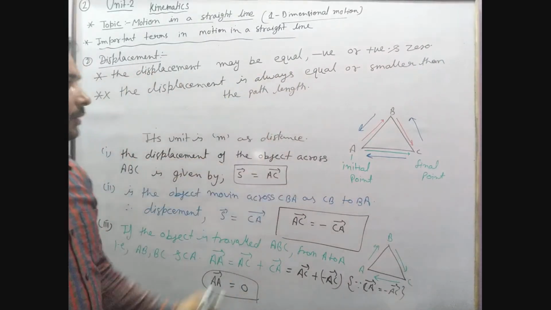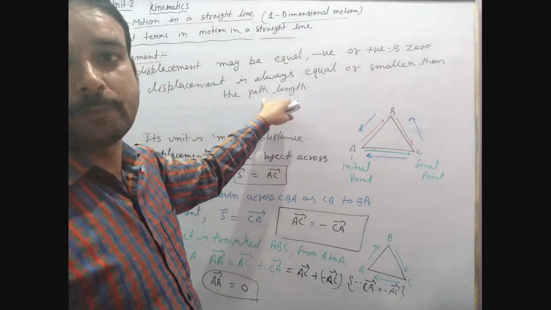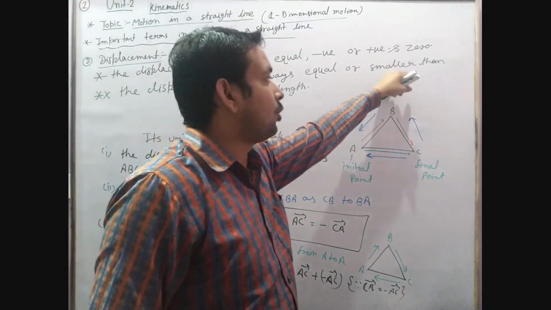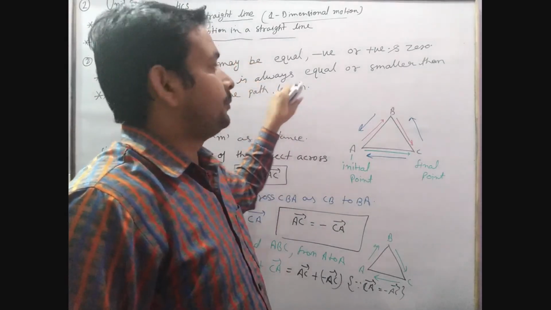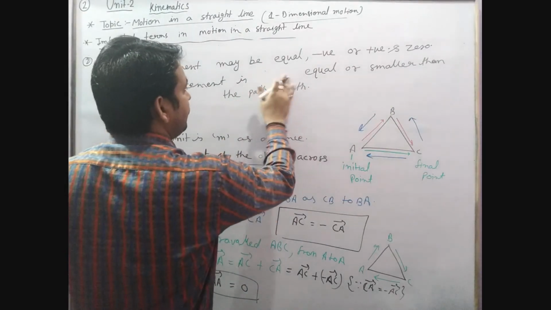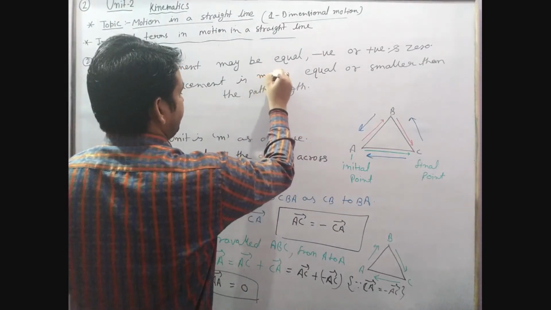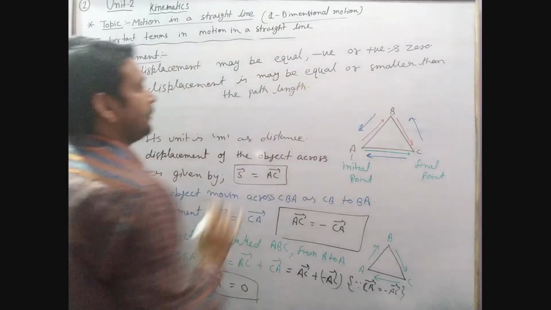Okay, in very rare cases the displacement is equal to the path length, but it is mostly smaller than the path length. In place of always, it may be equal or smaller than the path length.